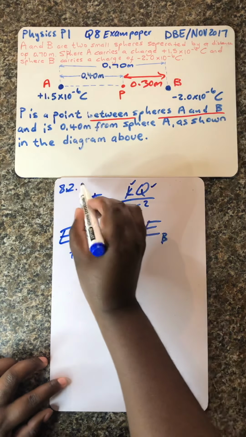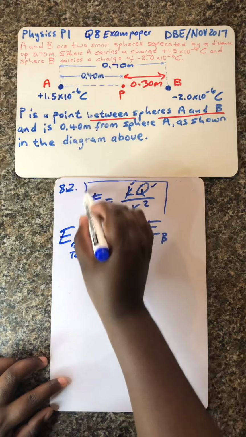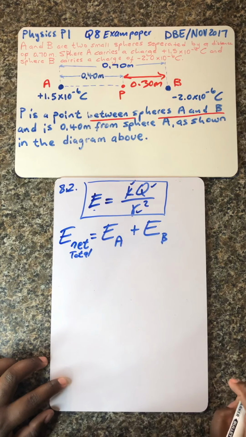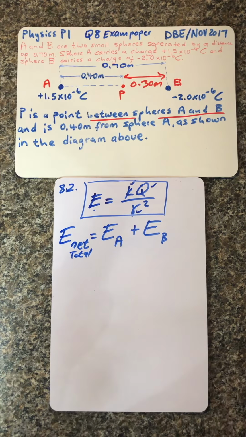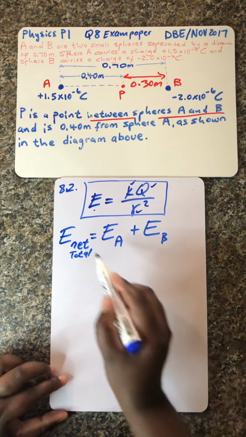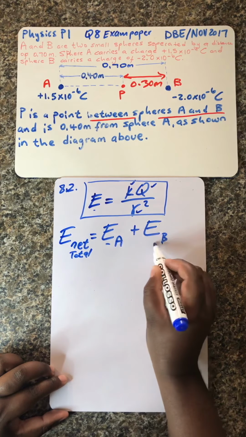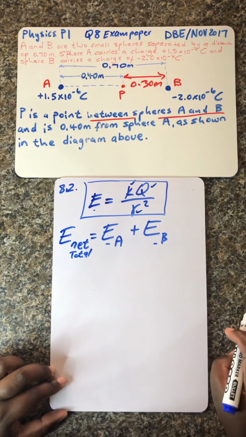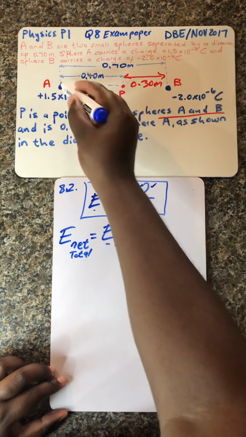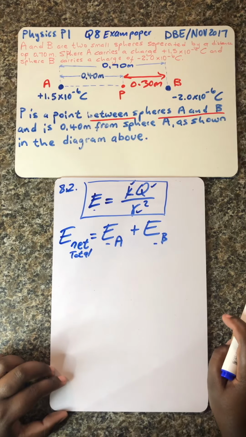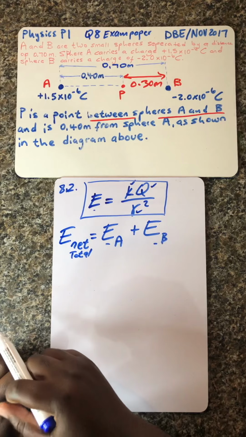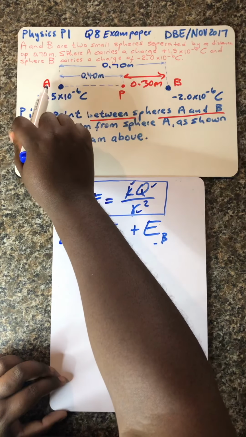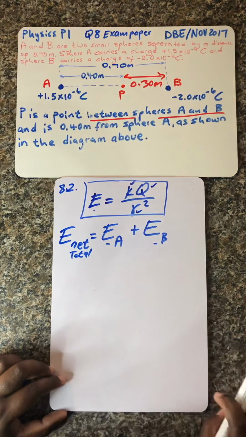This formula is not for calculating the net, but in most cases you are given a mark for that formula, which shows that you know exactly what the question wants you to calculate. So with you adding these two, it shows that you fully understand that point P is between A and B. It is therefore important that when you calculate the electric field strength at that point, you take into consideration the fact that it's between A and B.